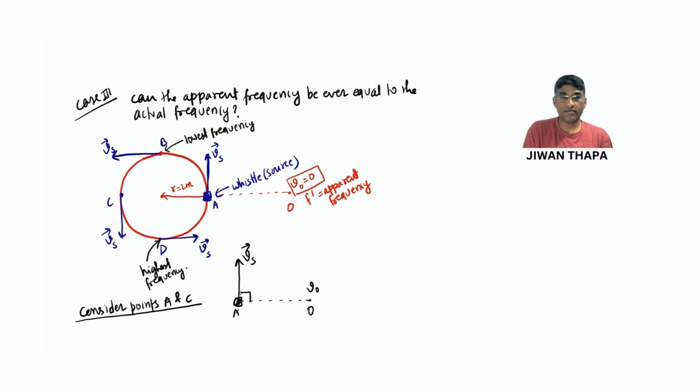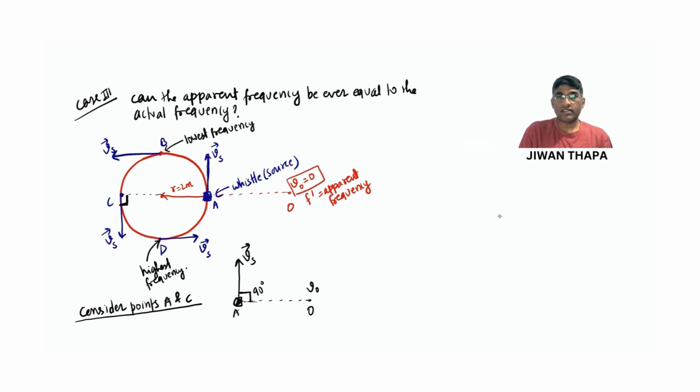So we find the source is making angle 90 degree with this line. That is, the direction of velocity of the source is making angle 90 degree with this line. In the same way, this angle is 90 degree.